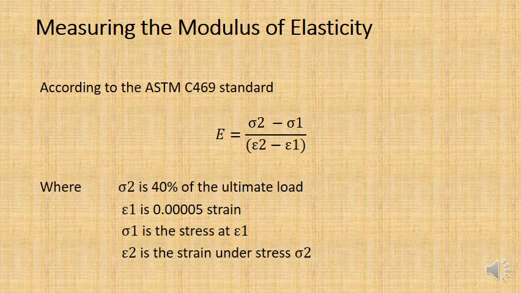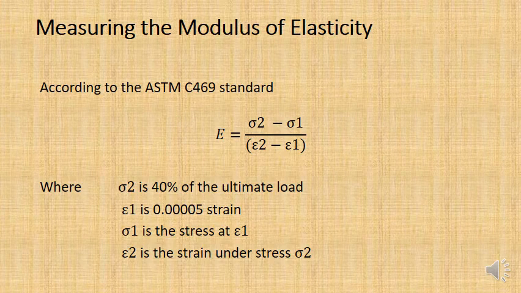So the standard way, according to the ASTM, American Standards and Trademarks, C469, the standard way of measuring the modulus of elasticity for concrete is this, where sigma 2, that is 40% of the ultimate load, meaning what is the maximum strength of the concrete where it was at 40% of that, and epsilon 1, that is the strain at 0.00005.